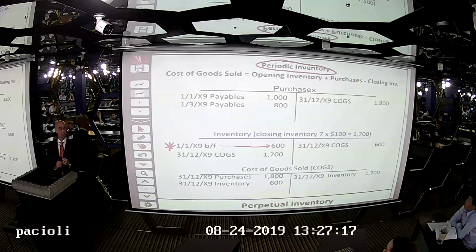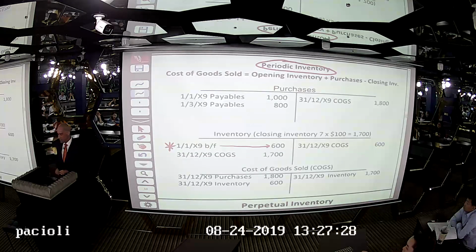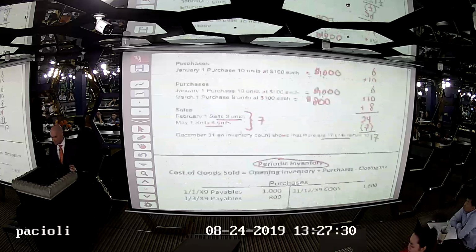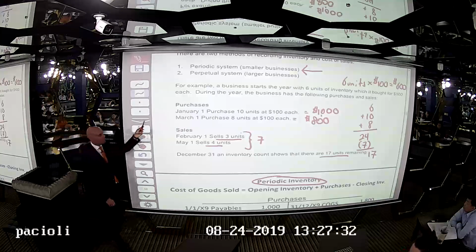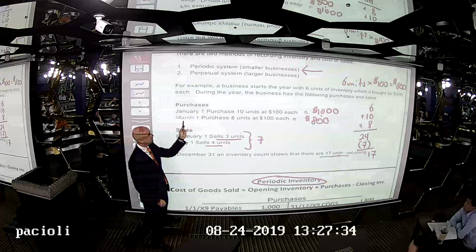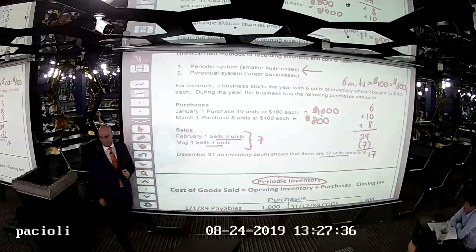The brought forward inventory is the opening inventory. It's the beginning inventory. And then we buy. How many times did we buy? Well, this example says that we bought on January 1st and then March 1st.